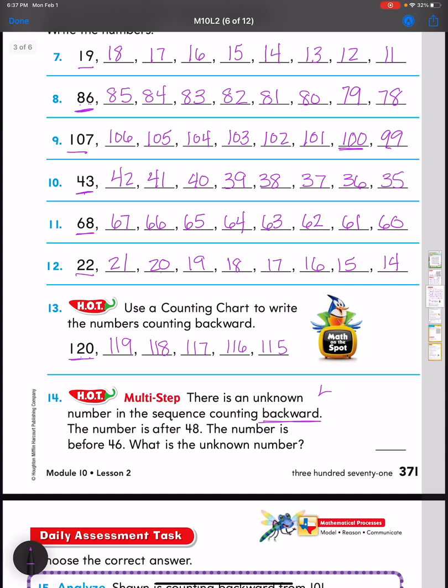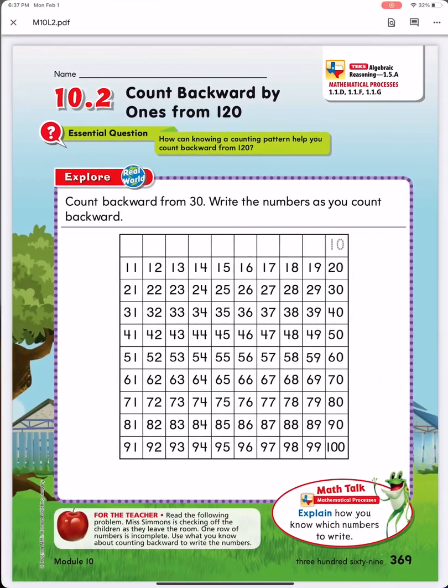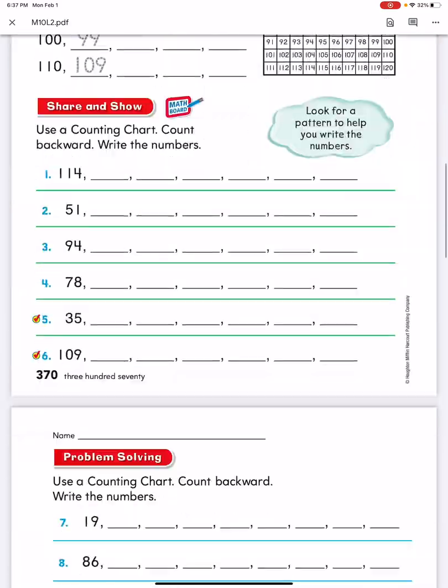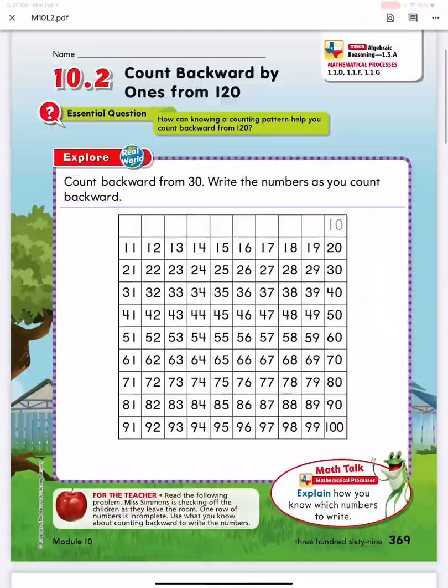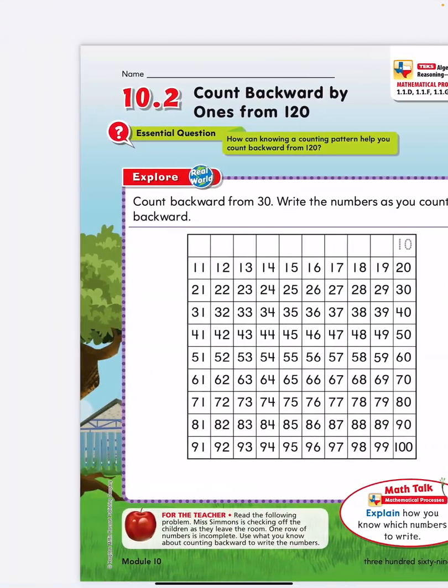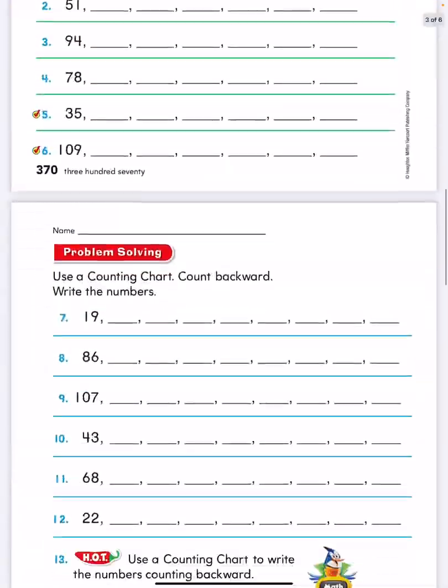Okay. If I'm going to count backwards, I'm going to have some mystery numbers here, right? And I know that I'm decreasing, kind of like what we did here. Yes, this number is on the left and I'm going to the right. So I think, well, I would count forward, but it tells me that we're counting. Hold on.